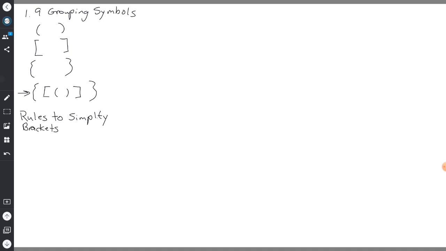So there are some rules to simplify brackets. Anybody remember anything about how to go about simplifying?